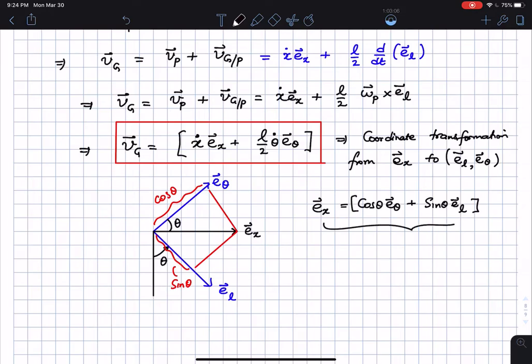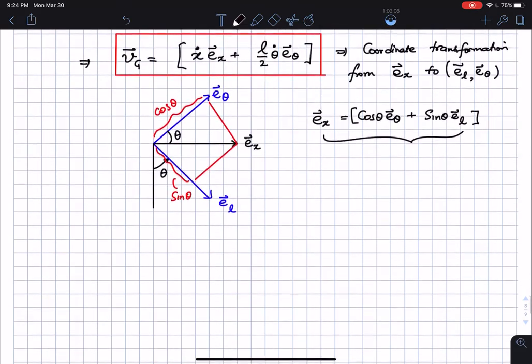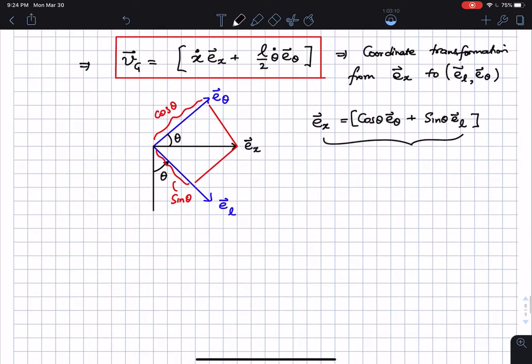And this is the coordinate transformation that we are going to be having to make, which means that Vg is actually going to be the combination of the following. So it's going to be x dot in the EL direction, so that's x dot sine theta EL, and then I'm going to have a combination of x dot cosine theta in the E theta, and then L by 2 theta dot, so that's going to be x dot cosine theta plus L by 2 theta dot in the E theta direction.